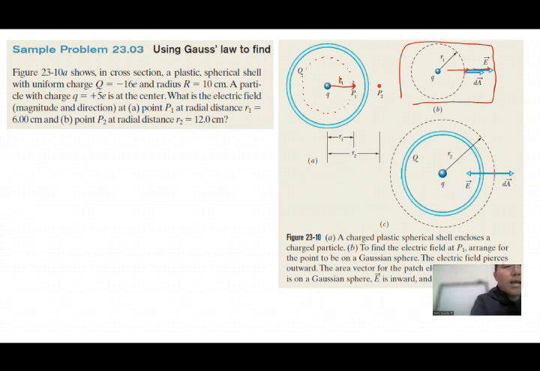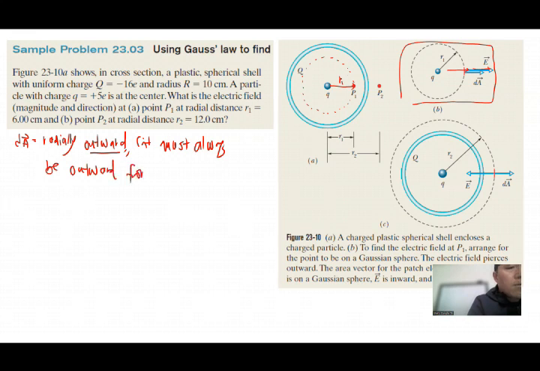The area vector element should be radially outward, always outward from the Gaussian surface.